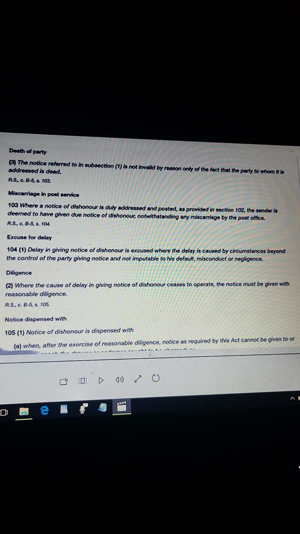Notice dispensed with. 105. 1. Notice of dishonor is dispensed with: A. When after the exercise of reasonable diligence, notice as required by this act cannot be given to or does not reach the drawer or endorser sought to be charged, or B. By waiver, express or implied.